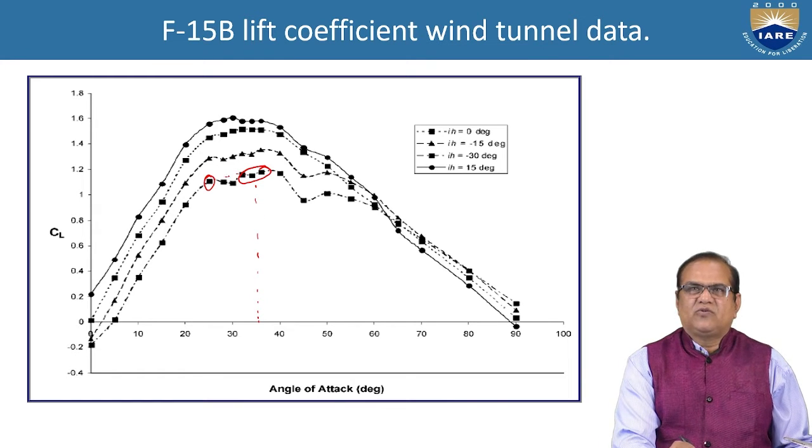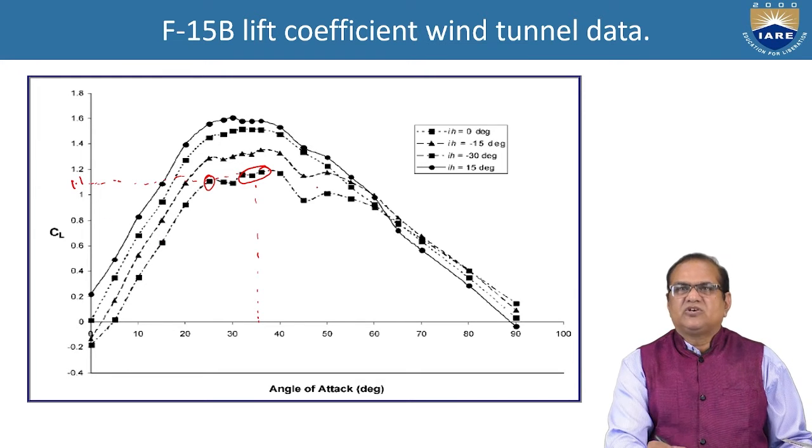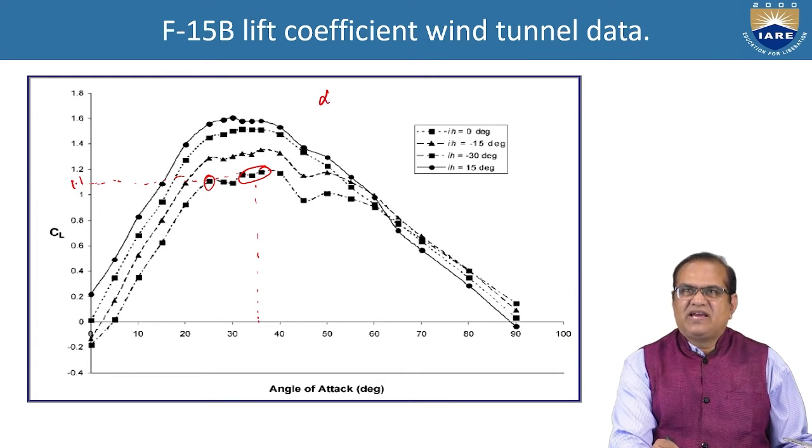But here you are going to get quite a small lift coefficient, nearly 1.1. So at alpha equal to 0 degree, the CL max you are going to get is somewhere around 1.1.